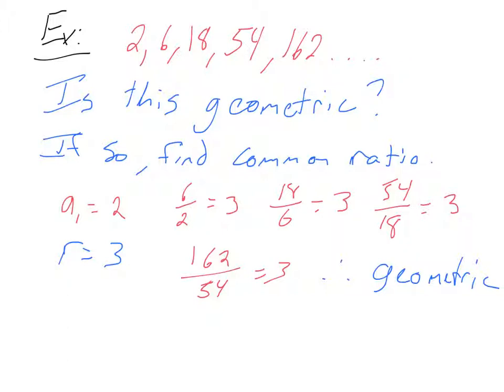All right, so what if, instead of that, I give you an explicit formula for a sequence. So the nth term of this sequence is 2 to the negative n, right?